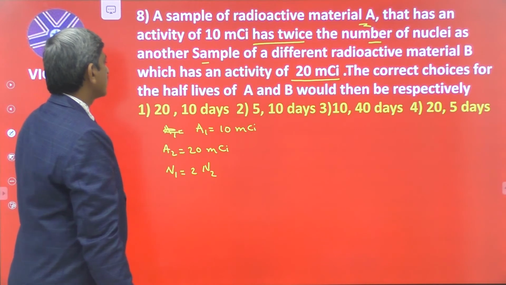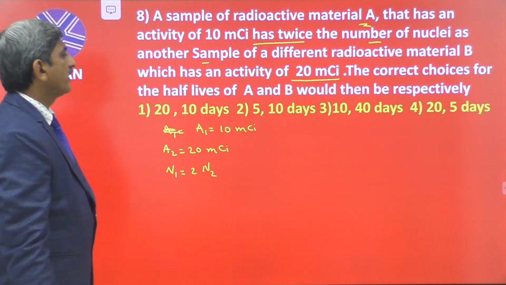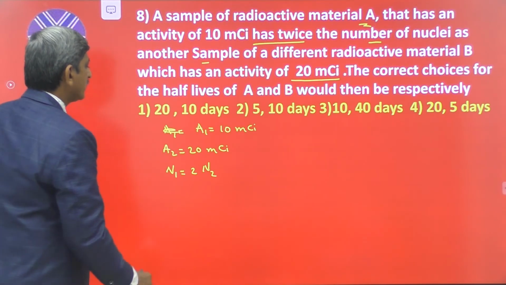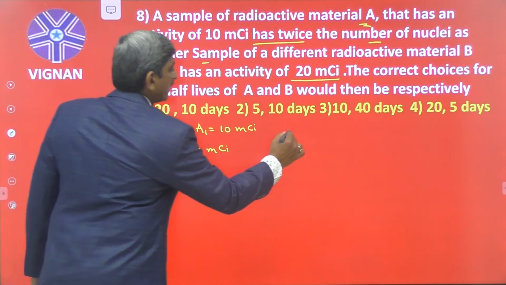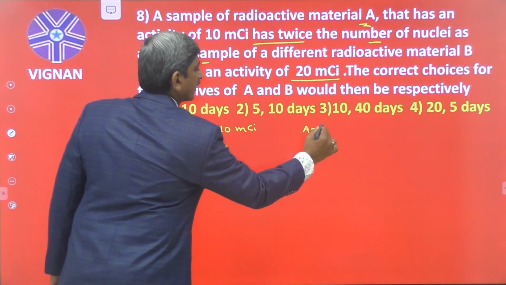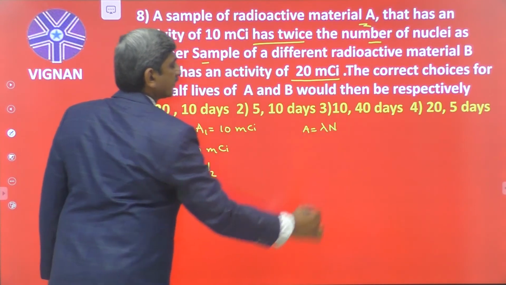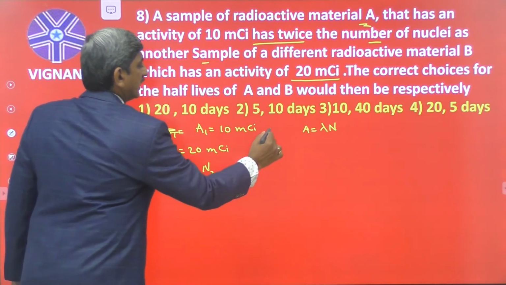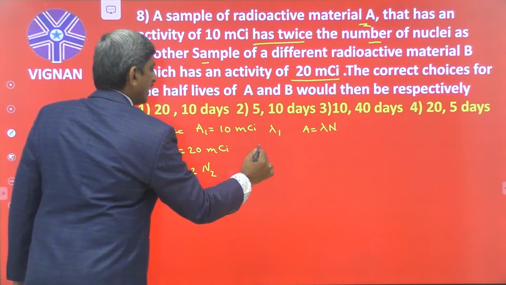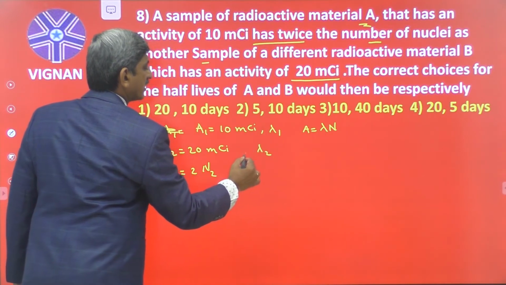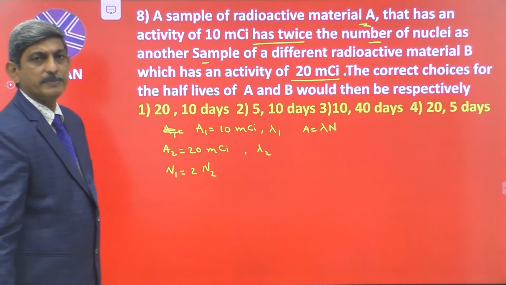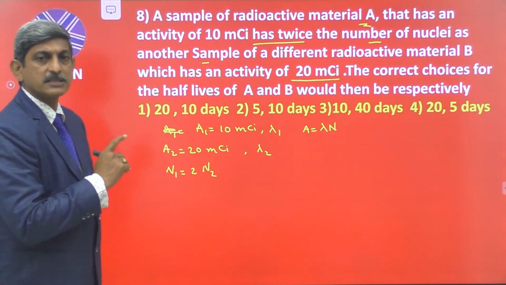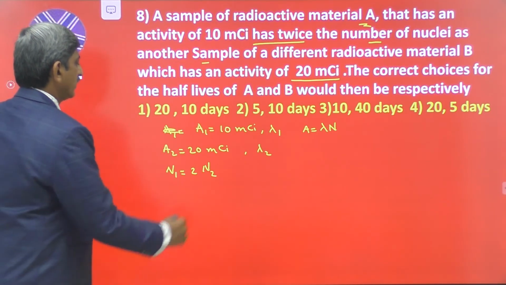Now the correct choices for the half-lives of A and B would then be, respectively, dash. Already we know that the activity is equal to lambda N, where lambda is the decay constant. Let lambda 1 and lambda 2 be the decay constants of samples A and B. Here I use 1 for sample A and 2 for sample B as suffixes.